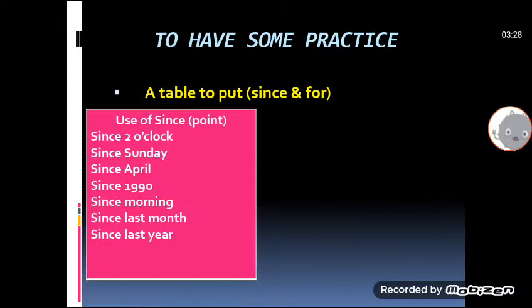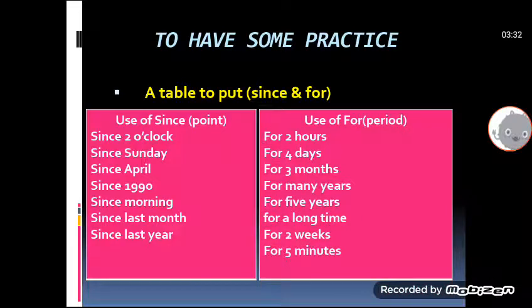To have some practice, a table to put since and for. This is very important for you. ये टेबल आपको याद होना चाहिए. To use since and for, you have to learn that इनके जो siblings होंगे, since 2 o'clock, since 3 o'clock, 4 o'clock हो सकता है, like this. Since Sunday है तो कोई भी वीक का नेम हो सकता है. क्लियर? सिंस अप्रैल है कोई भी मंथ का नेम हो सकता है. सिंस 1990 है तो कोई भी ईयर हो सकता है. क्लियर? यू हैव टू यूज सिंस फॉर देम. क्लियर?